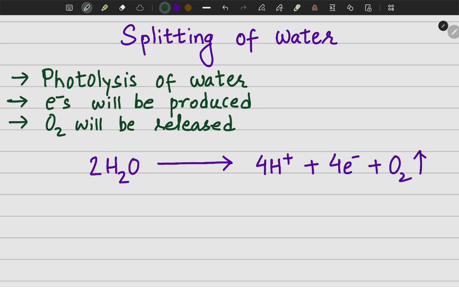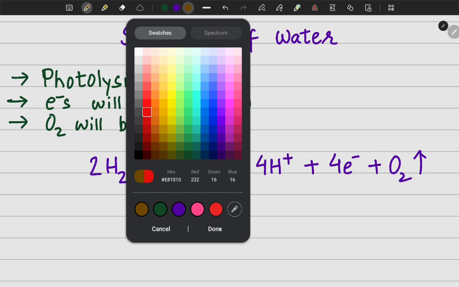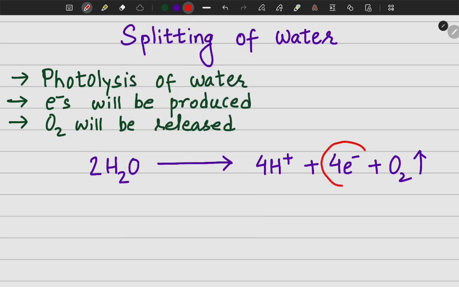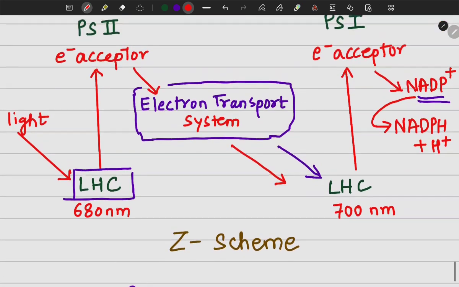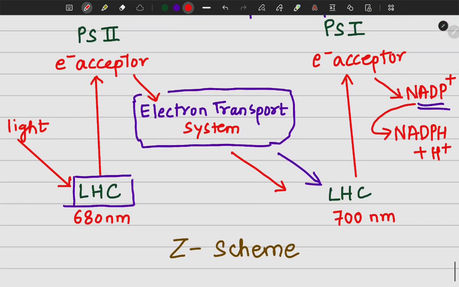So these electrons which are produced here by the photolysis of water will travel to the light harvesting complex of the photosystem 2 and compensate for the loss of electrons that occurred in the photosystem 2 during the electron transport system.